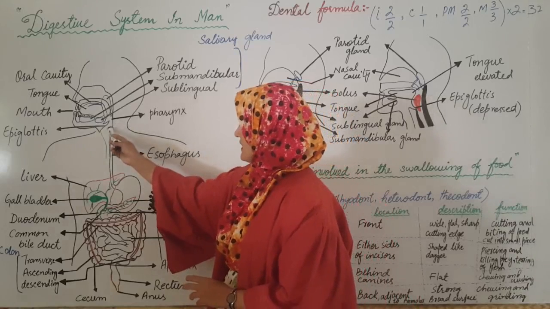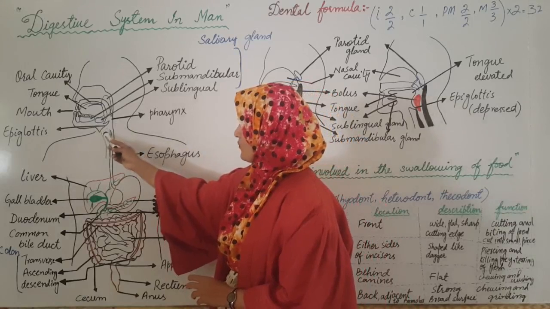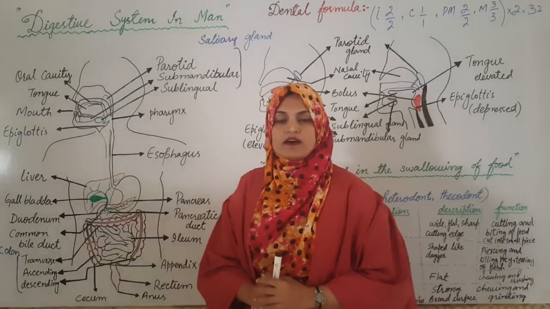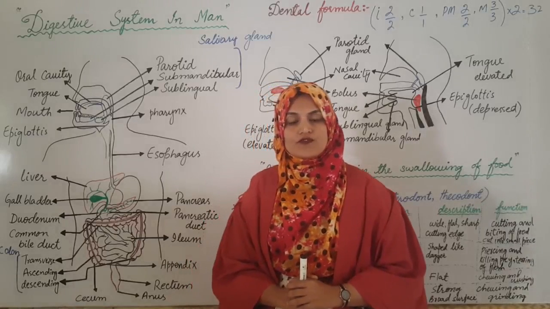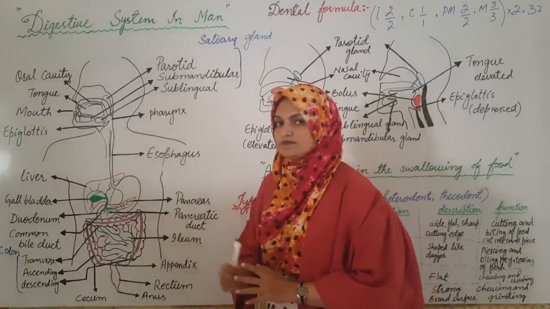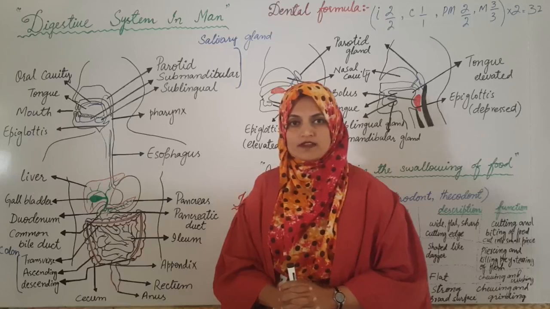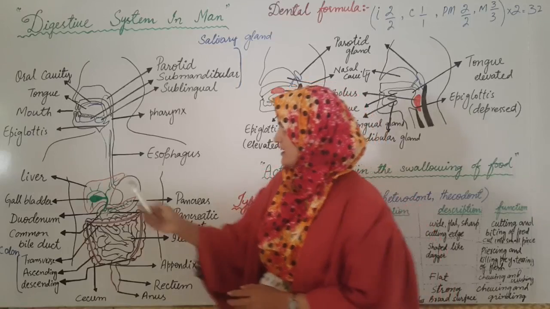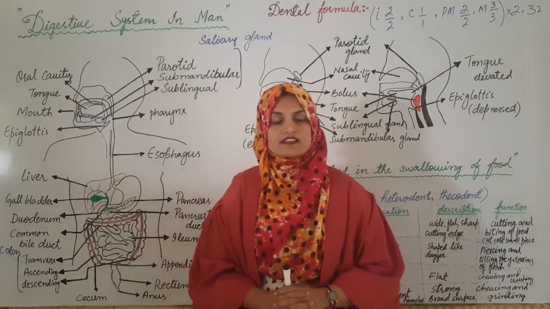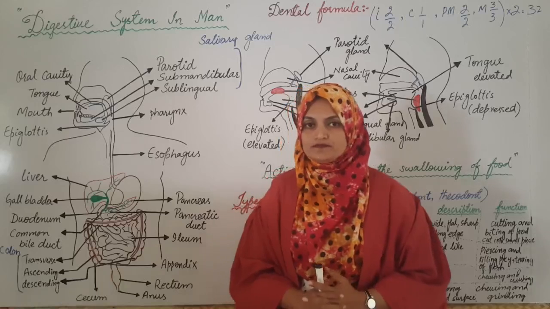This pharynx consists of 2 openings. One is the tracheal opening and the other is the muscular opening, that is the esophagus. That opening leads to the stomach where further digestion takes place, while the trachea leads to the lungs, which helps in the respiration of man.